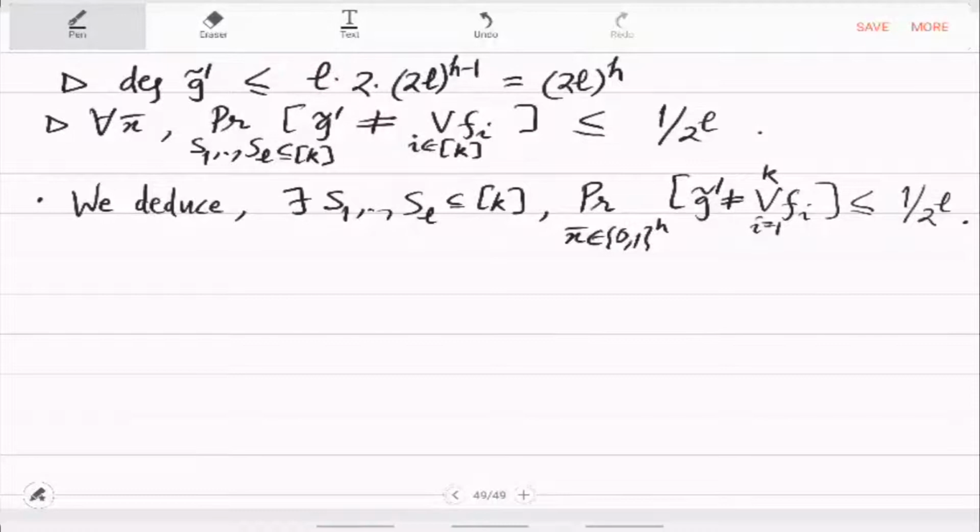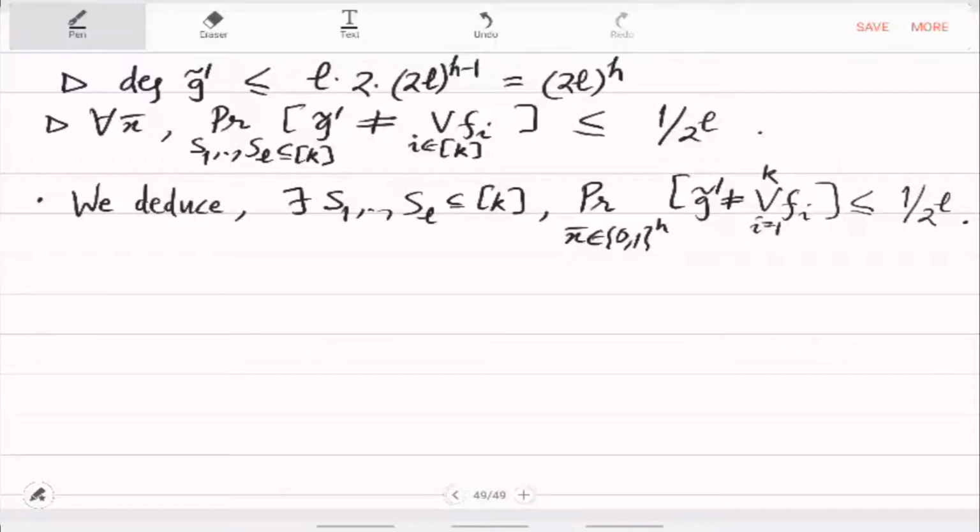Intuitively, I mean you can formally prove it, but intuitively why this should be true is because, suppose this being false means that for every choice of S1 to SL the probability is bigger than 1 over 2 raised to L. But then that will contradict this for all x bar claim above. So it's basically an averaging argument.